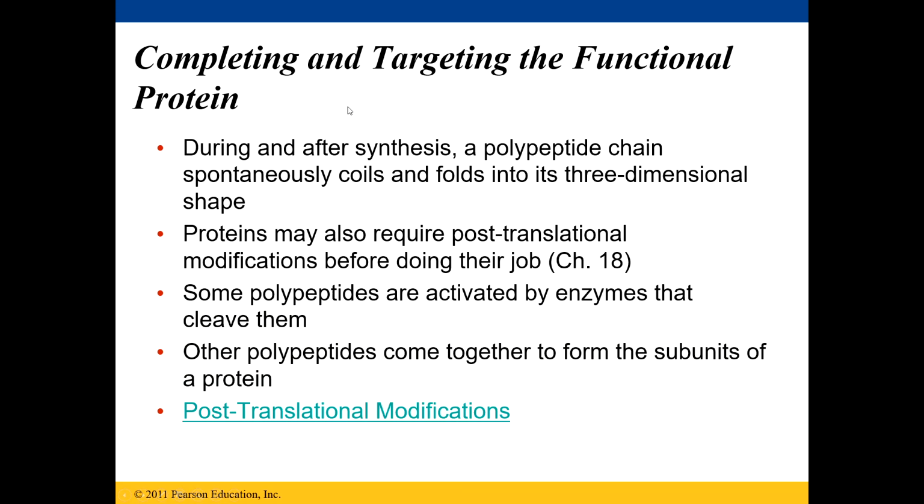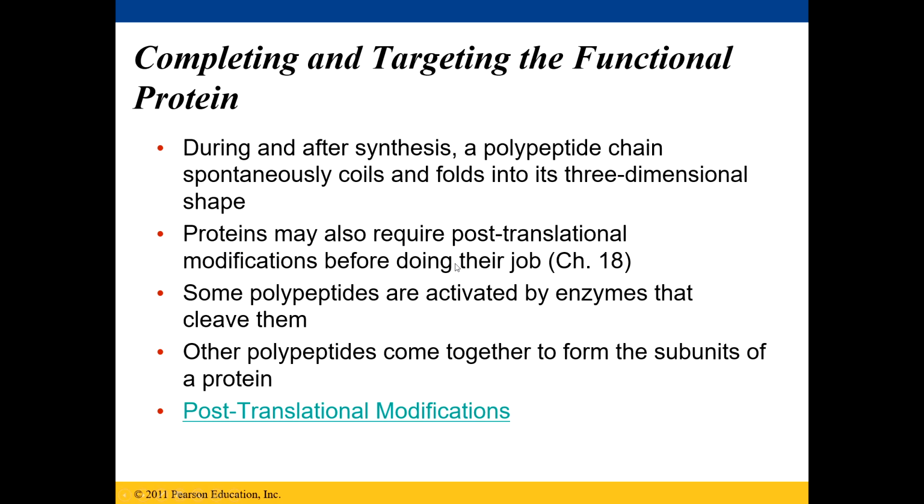Still looking at your course outline, page 109. At the end of all of this, once that polypeptide chain is formed, there are post-translational things that have to happen to it. And that's all in chapter 18. Even though chapter 18 is in your course outline, we are skipping that. So don't worry about chapter 18 because you'll get to that in other courses if you continue on in biology. But I did want to just mention briefly a little bit about these post-translational modifications.